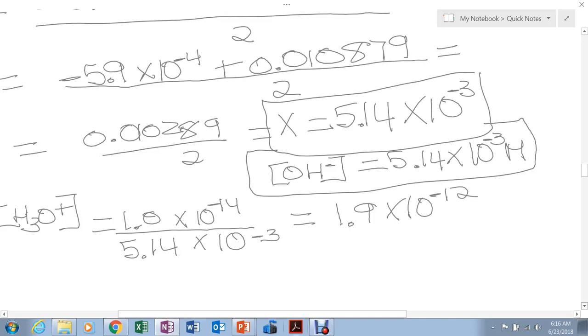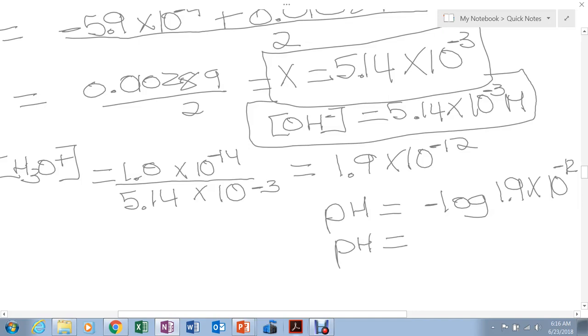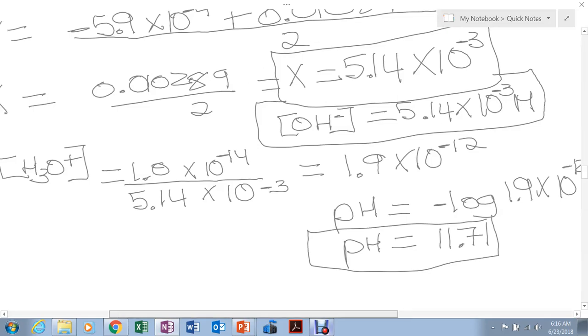So the pH would be minus the log of 1.9 times 10 to the negative 12. And the pH would be equal to 11.71. Okay, and that's it for problem 22.